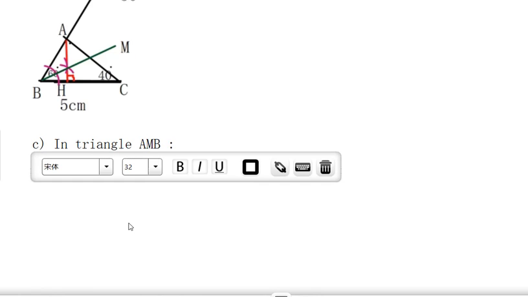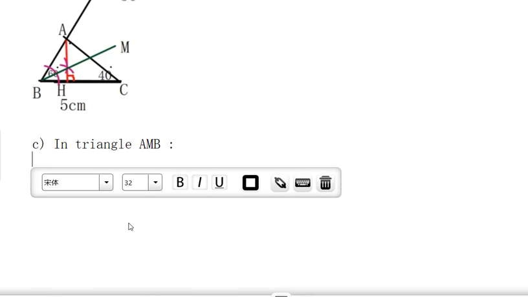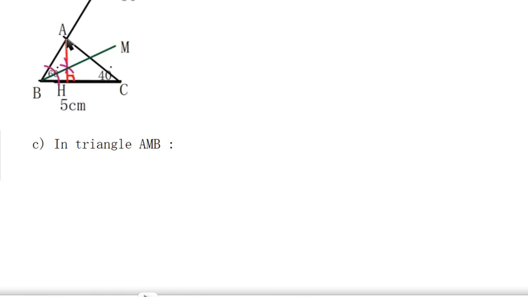Okay, let's find the angles. First of all, in triangle ABM, look here. Angle A, we found it before, which is 80 degrees. Can you find the measure of angle ABM?